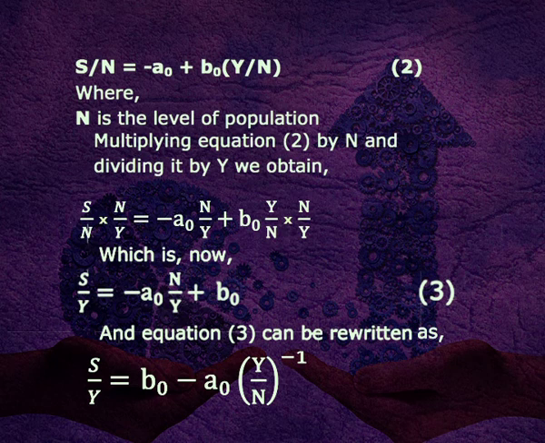This equation now becomes S/Y = -AO × N/Y + BO, and this equation 3 can be rewritten as S/Y = BO - AO × (Y/N)^-1.